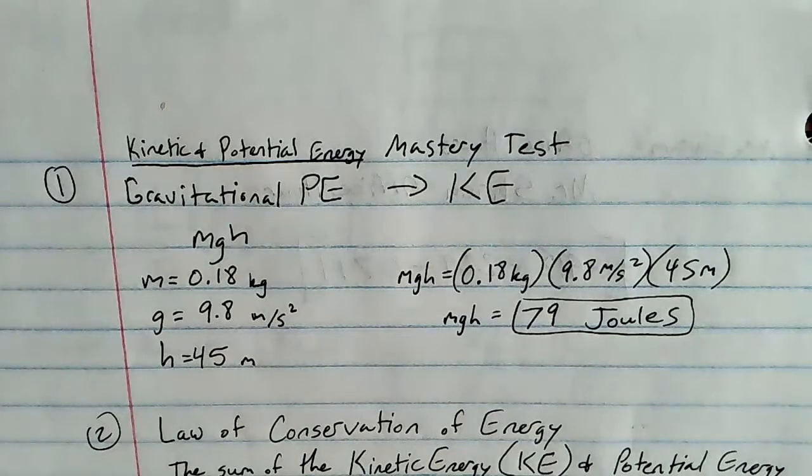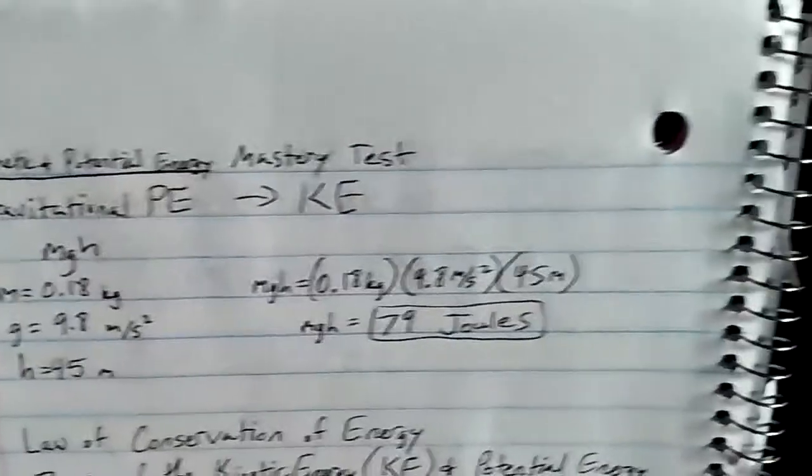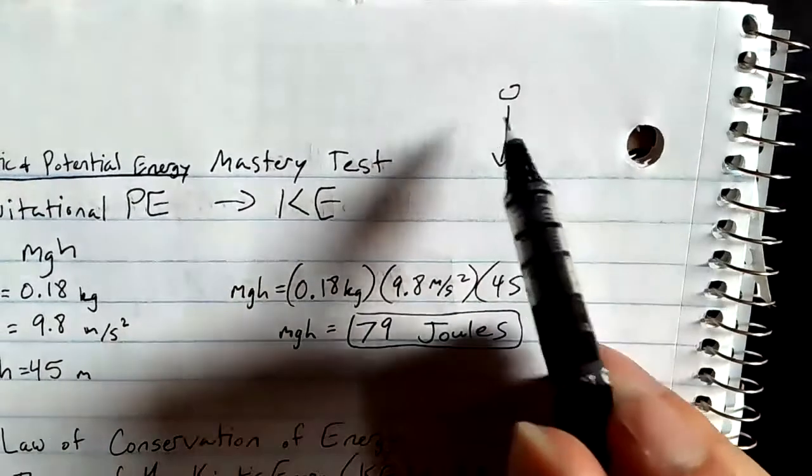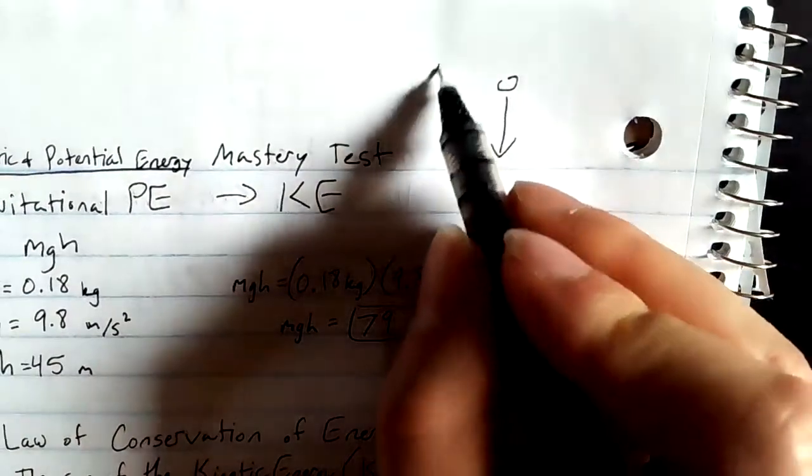Starting with number 1, I'll read the question. A bob of mass 0.18 kilograms is released from a height of 45 meters above the ground level. What is the value of the kinetic energy gained by the bob at ground level? Well, if something is dropped at this height, it has potential energy.